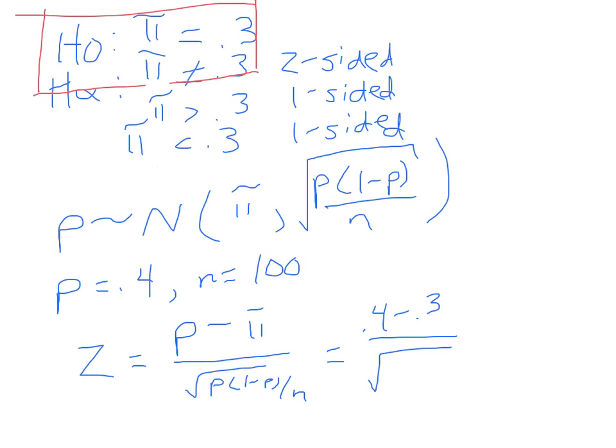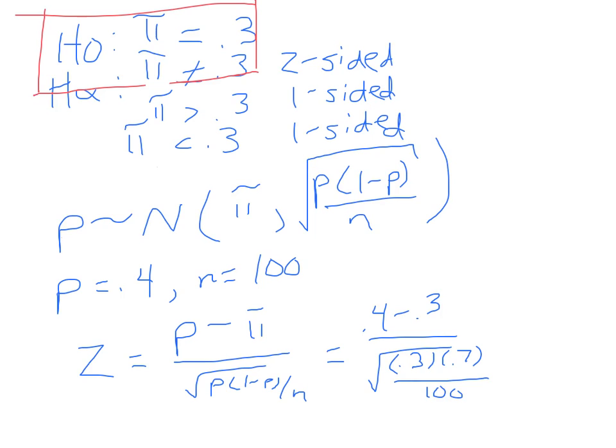So 0.3 times 0.7 is 0.21, over 100 gives 0.0021. The square root of 0.0021 gives you 0.0458.